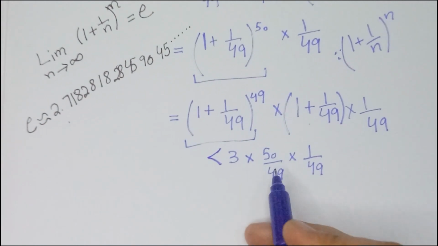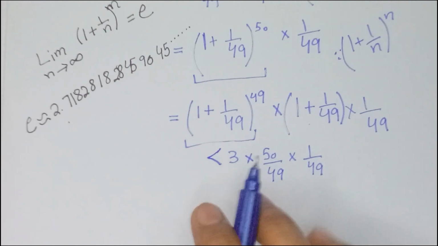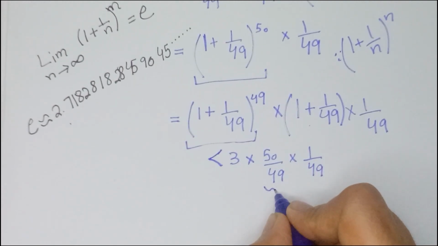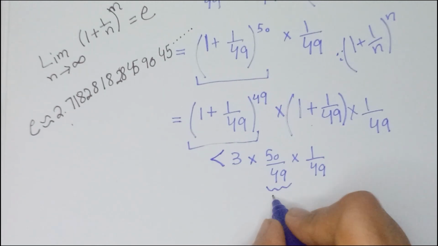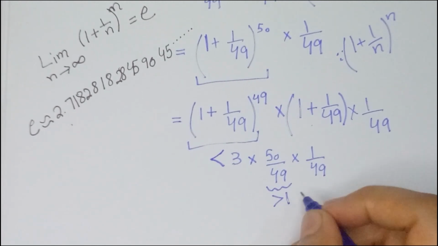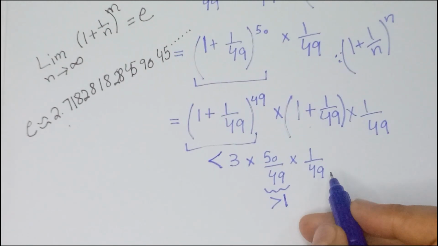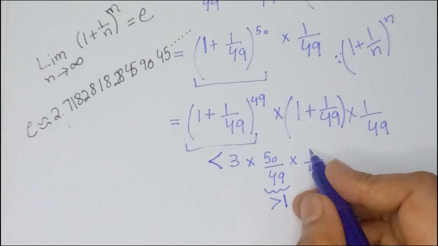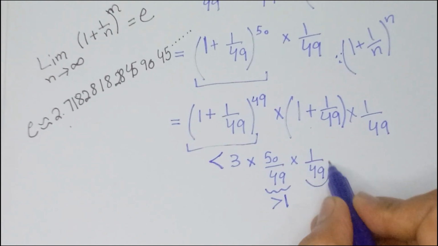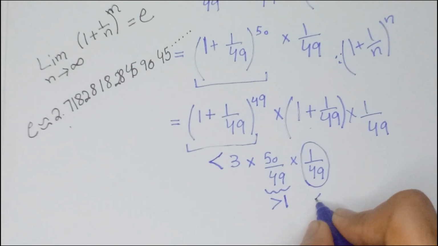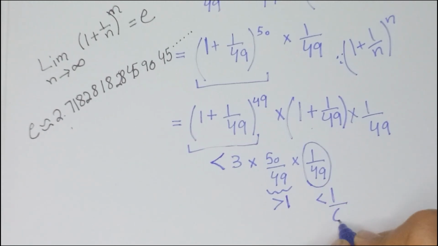Now, should we calculate this one? No, please don't, because 50 over 49 is greater than 1, so this is not a thing we should work on. And for this one, 1 over 49, it is smaller than 1 over 6.